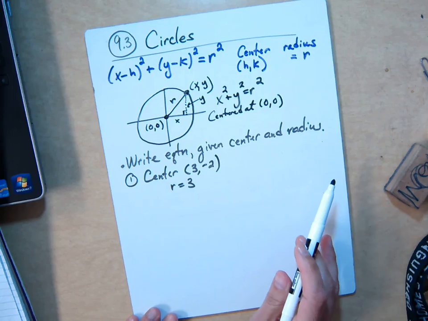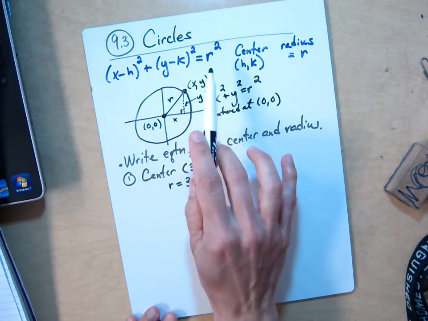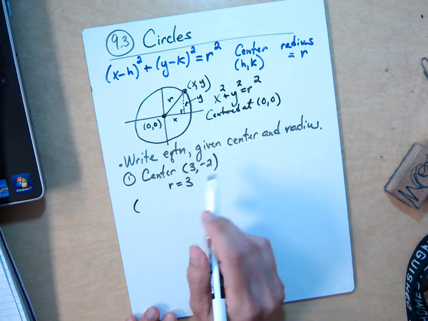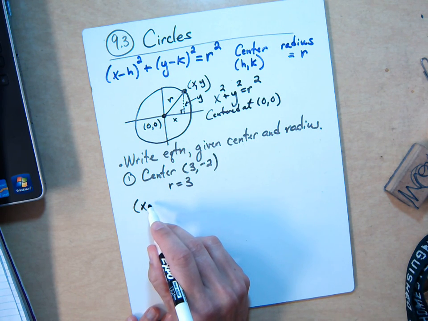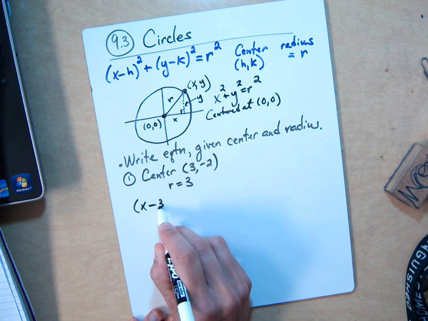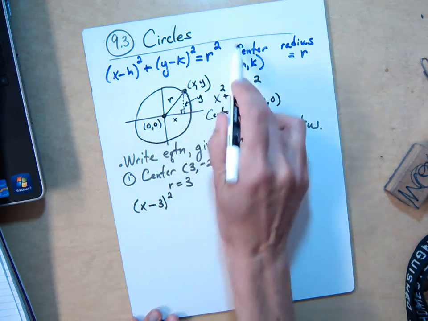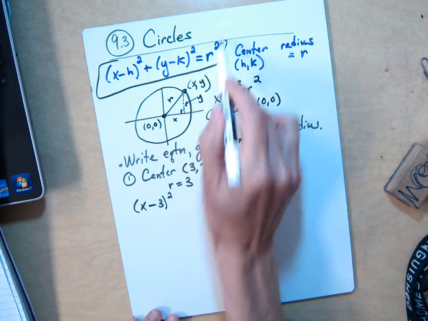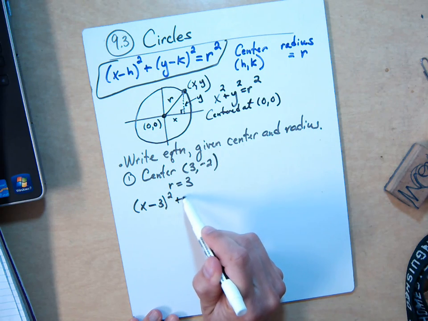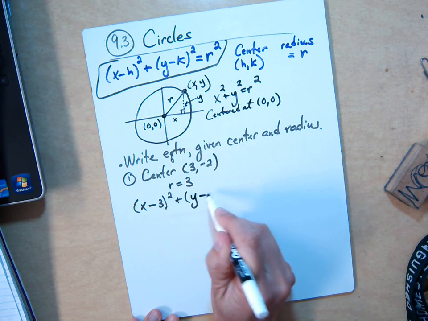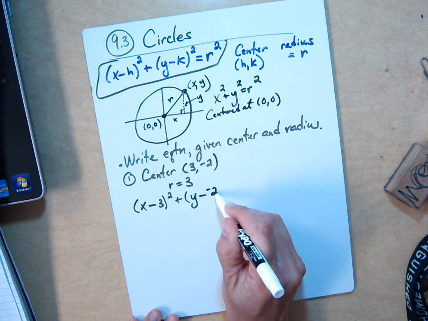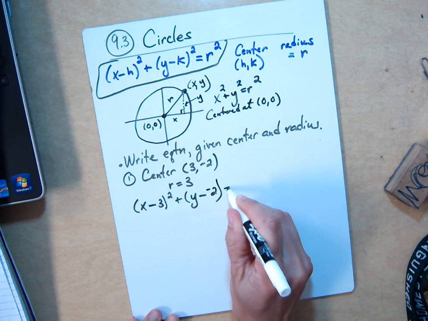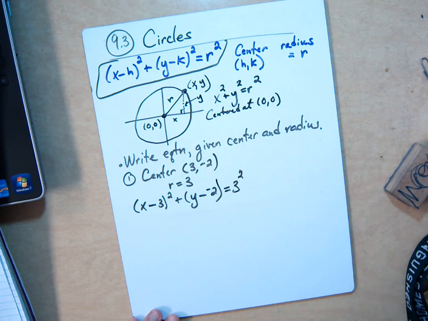You would think of this general form, and you would say it's always the opposite. So it'd be (x - 3) squared plus (y - (-2)) squared equals r squared.